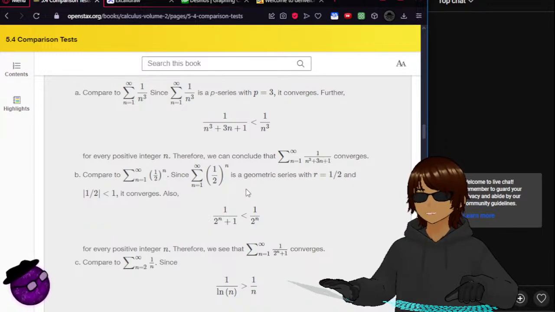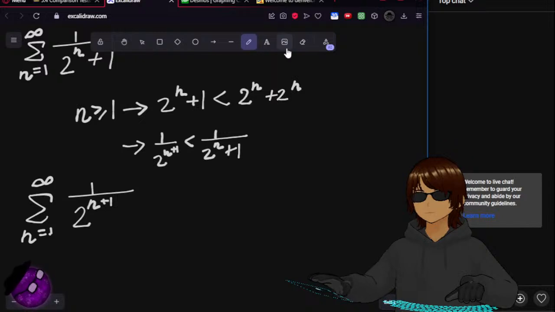So it converges. Maybe. Yeah. Need to remove this.